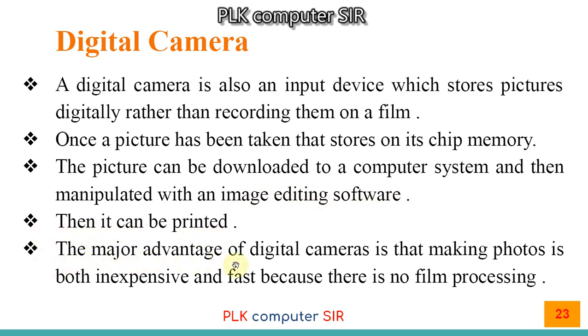The major advantage of a digital camera is that making photos is both inexpensive and fast because there is no film processing. In all gadgets nowadays a digital camera comes built in and we all are using it nicely. It is cheaper because no film processing is needed in a digital camera.